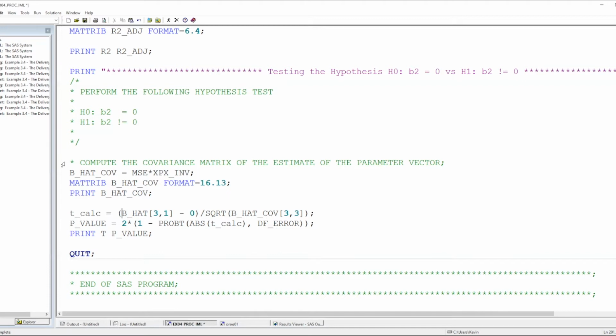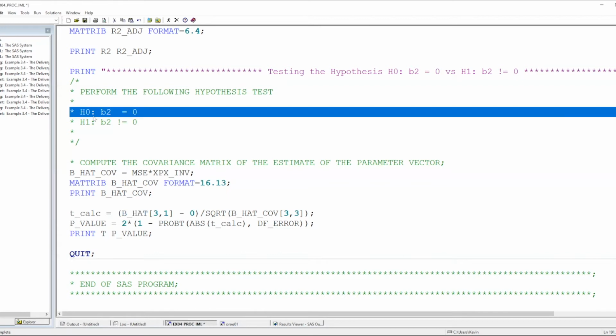There's only one column, but we still need to specify both the row and the column in picking out that entry. So beta hat, with the 3, 1 in the square brackets, pulls out beta 2 hat for us. Then from that, we subtract the hypothesized value of beta 2, which again is 0. And then we divide that difference by the estimated standard error of beta 2 hat.